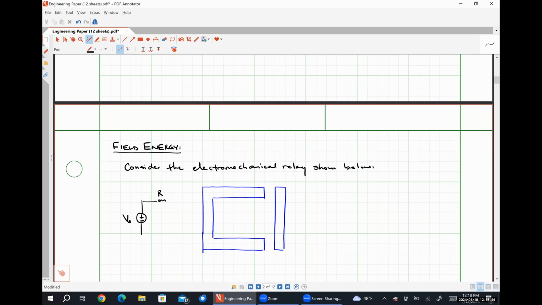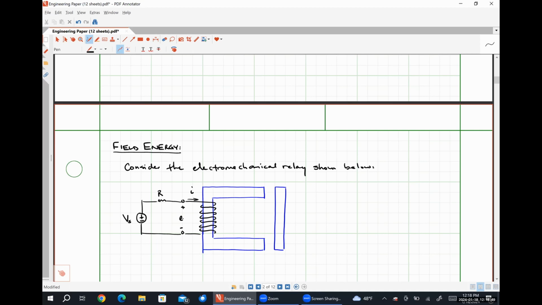So we have the relay like so. Now I'm complete. And this is going to be our voltage drop across our coil, E, where I'm using E for EMF like we did with transformers and all of that kind of good stuff, because it is literally the same thing. It's just an induced voltage.